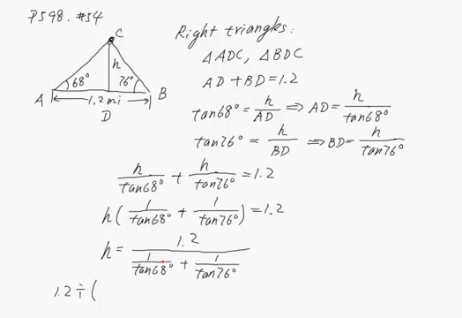Otherwise, you cannot get the right answer. Then 1 divided by tangent 68 degrees plus 1 divided by tangent 76 degrees, then right parenthesis, and press enter, you get the answer.